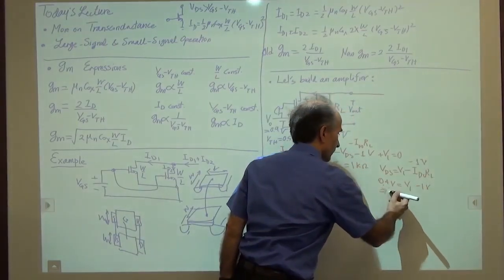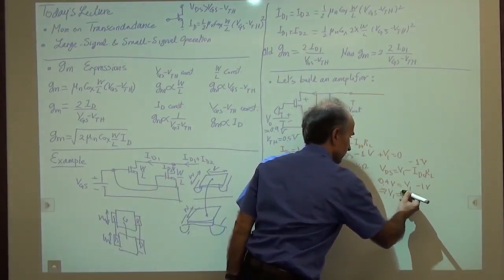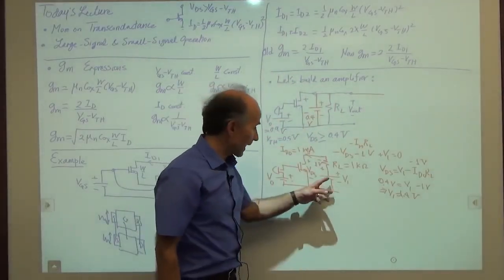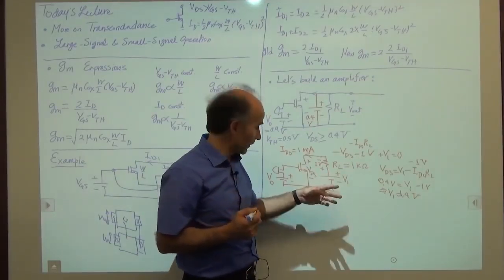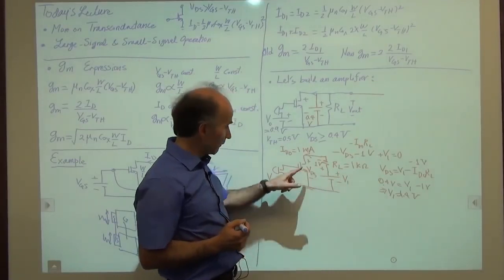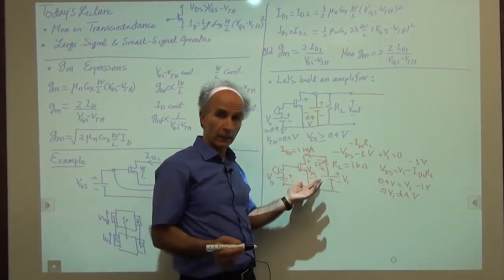So that means that V1 has to be 1.4 volts. So indeed, if I come in and add a battery from here to here with a value of 1.4 volts, assuming that we have 1 milliamp of current and 1 kilo ohm resistance here, then the voltage that remains for this VDS will be 0.4 volts and the transistor will be happy.